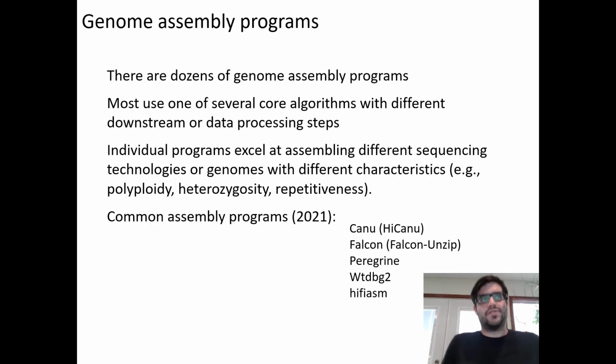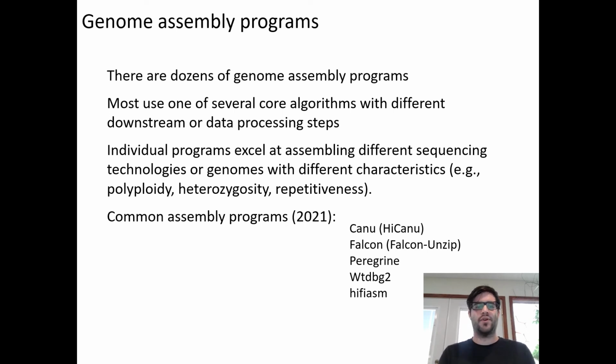And so there are a lot of different genome assembly programs. There are dozens that are currently used in the community, and a lot of these use several core algorithms that were developed that are computationally efficient and have been shown to work really well, but they have different downstream steps or different data processing steps.